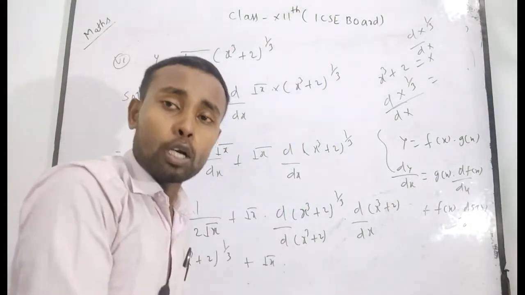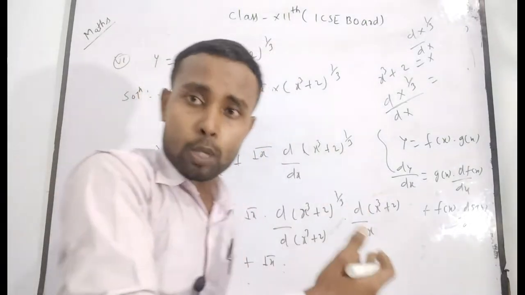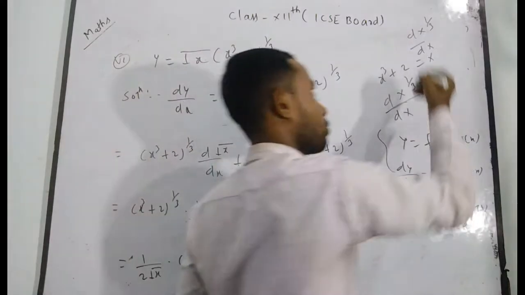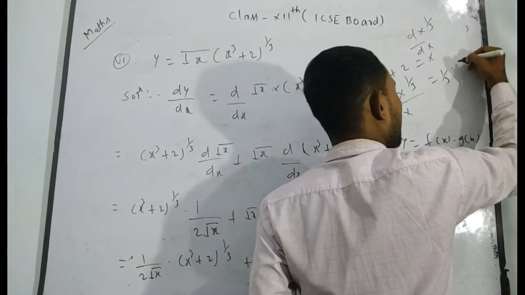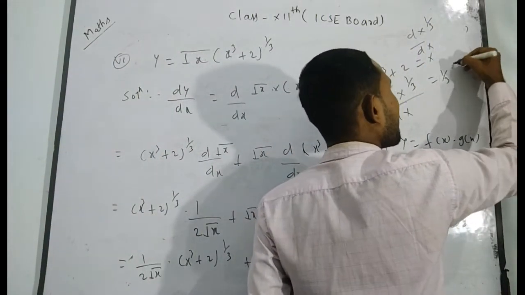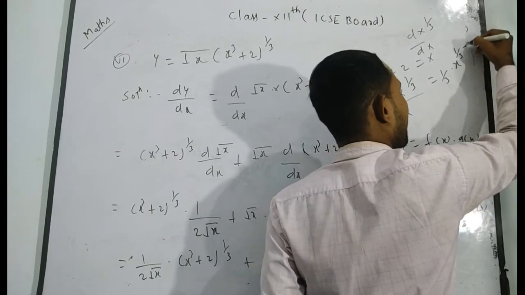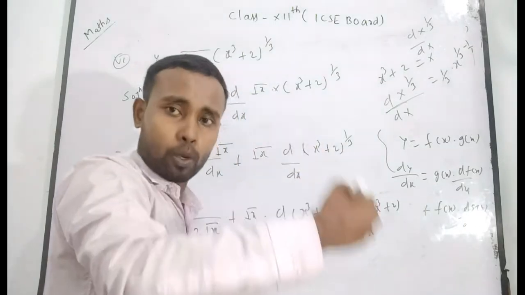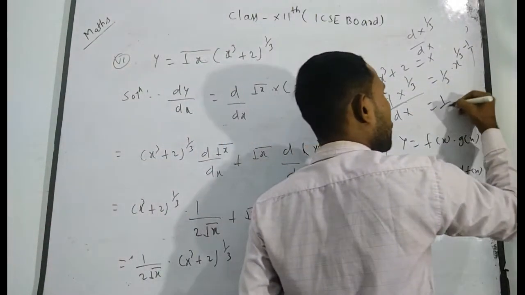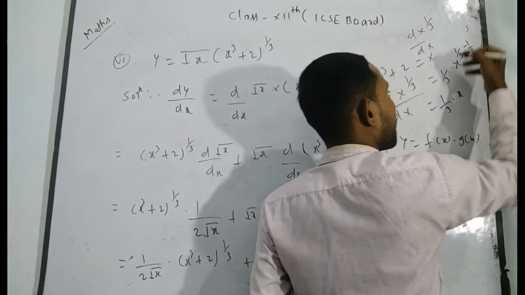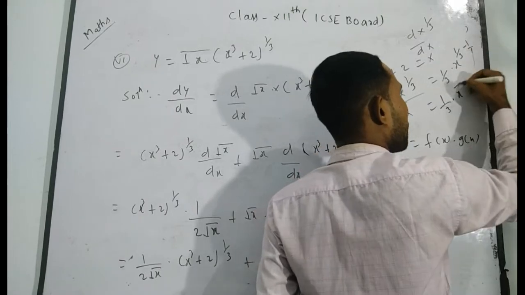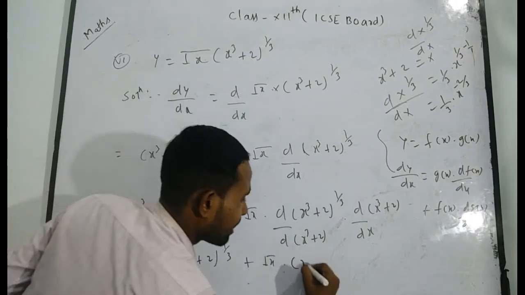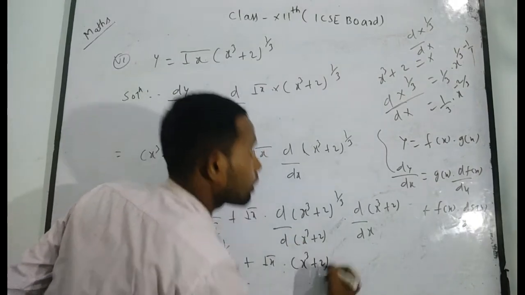I have already told you, derivative of x to the power n with respect to x will be n into x to the power n minus 1, where n is equal to 1 upon 3. So it will be 1 upon 3 into x to the power 1 by 3 minus 1, which will be minus 2 by 3. So can you write here directly x cube plus 2 whole to the power minus 2 by 3?